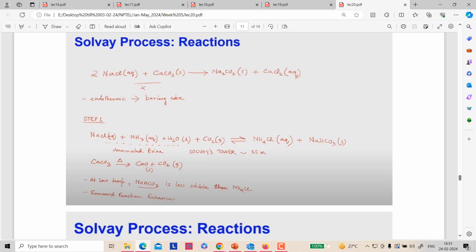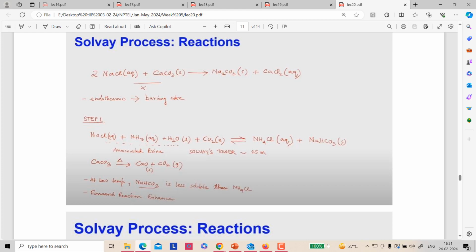So mainly we know that salt and limestone, NaCl plus CaCO3, produce Na2CO3 plus CaCl2. Another way it can also be produced is by supplying ammoniated brine, that is NaCl plus NH3 in aqueous phase plus water, and we also send some carbon dioxide, which produces a mixture of ammonium chloride, NH4Cl, and sodium bicarbonate.